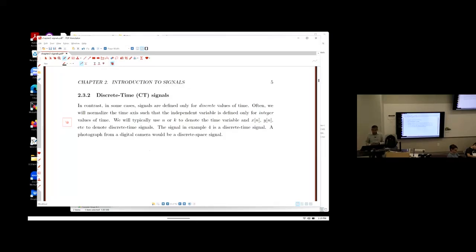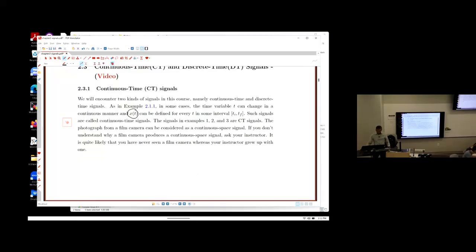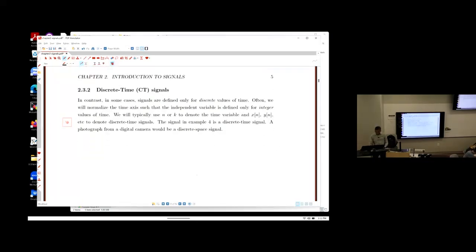And the difference in the notation, it's important to follow. We are going to use x of t, with parenthesis, to denote a continuous time signal. Whereas if it's a discrete time signal, we're going to use square brackets.